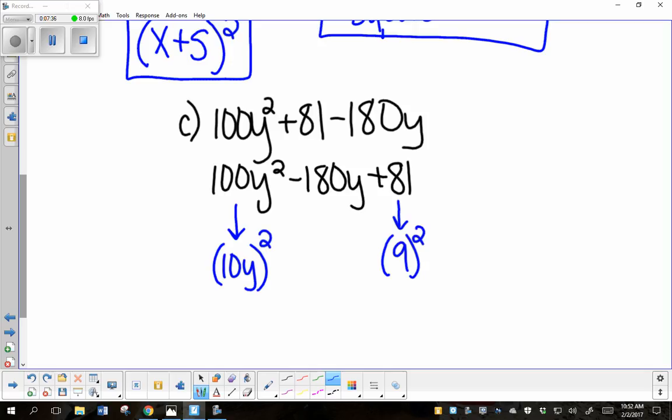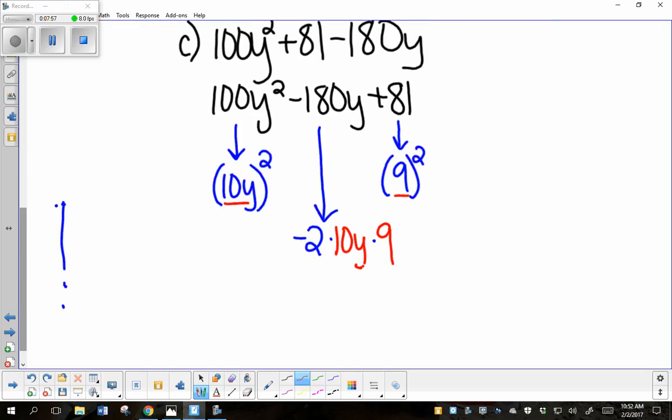Then we want to make sure that I should be able to do either 2 or negative 2. Since I see a negative right there, I know I'm going to do negative 2, times what I have in my first parentheses, times what I have in my second parentheses, and it should equal my middle term. My middle term should be double the square root of those other two terms.